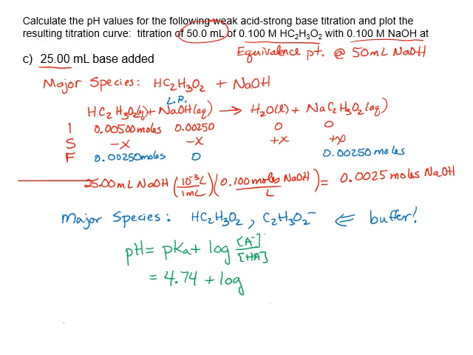So the A minus, we have 0.00250 moles of that. Our new volume is 75 milliliters or 0.075 liters. And in terms of the acetic acid, we also have 0.0025 moles, and the volume is also 0.075 liters.